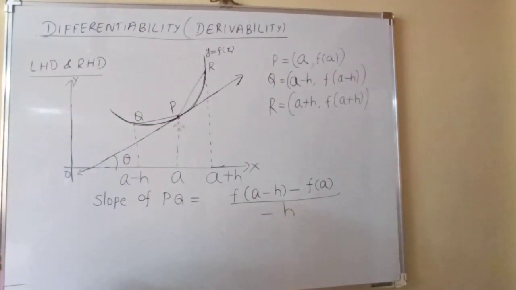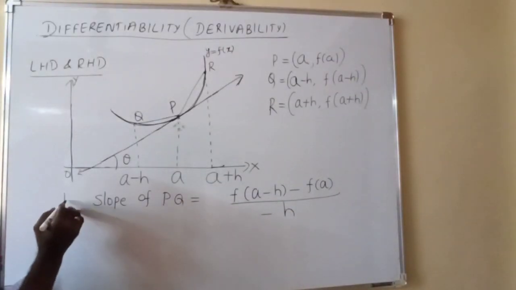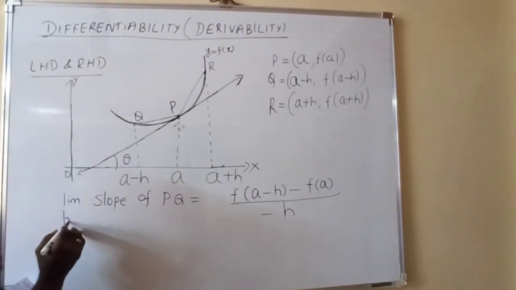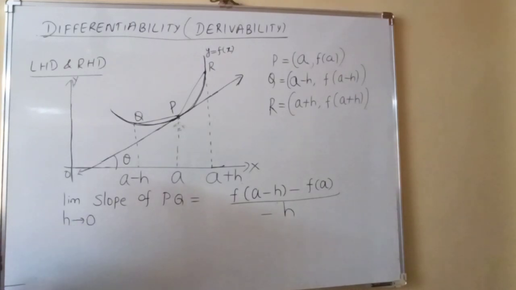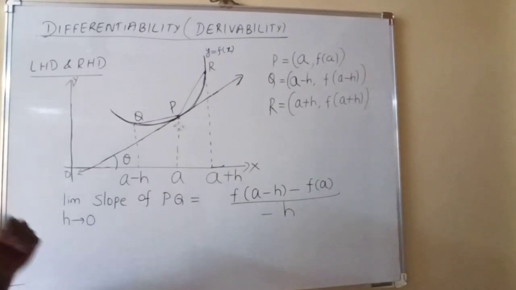Now, what happens if h tends to 0? I am going to find the limit as h tends to 0 of the slope of PQ.